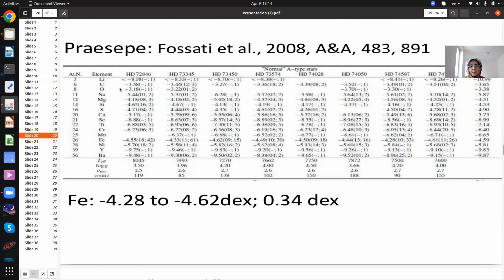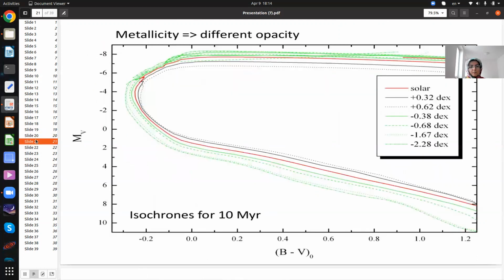Here is for Persephone. As I told you, you see the elements of other stars in Persephone. You see the Fe iron is minus 4.28 to minus 4.62 dex and 0.34 dex.